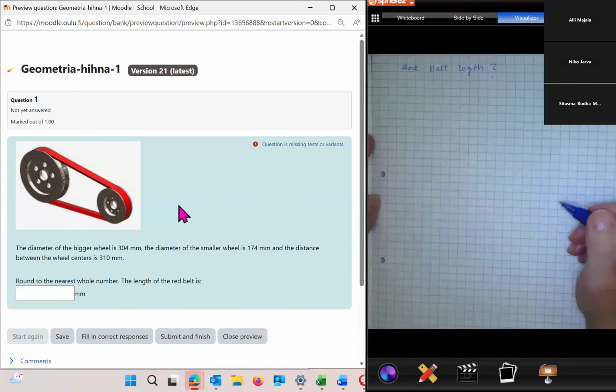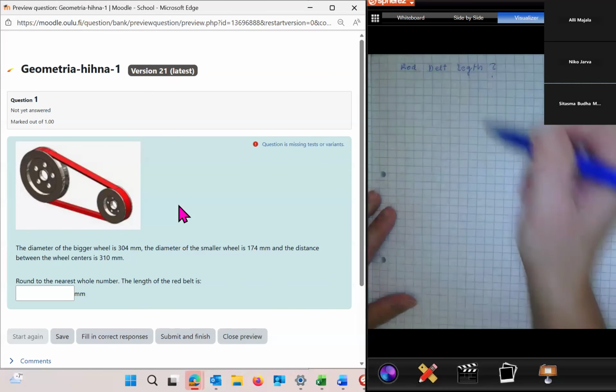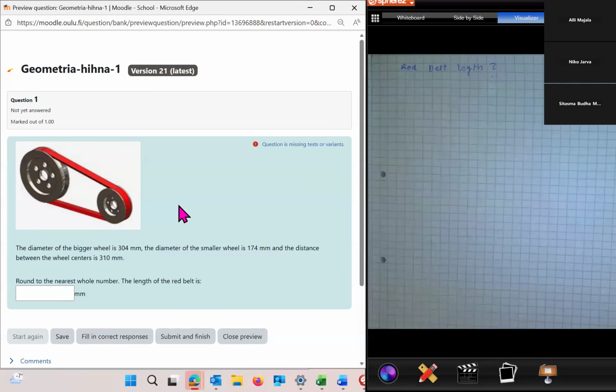Red belt length. So if I know the diameters and the distance between the centers, how do I know the length of the belt?